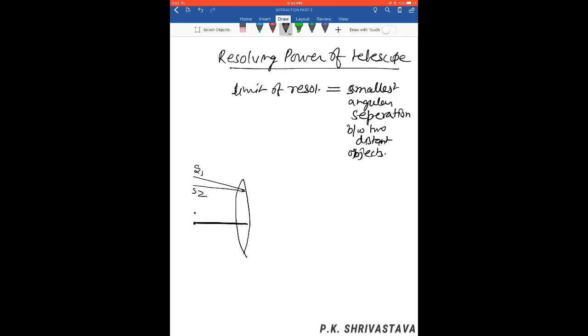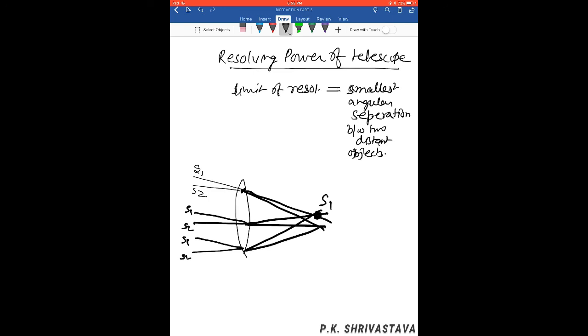Similarly here S1 and S2. This is the image of S1. This is the image of S2.